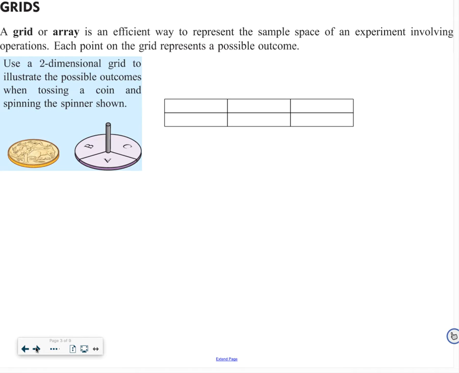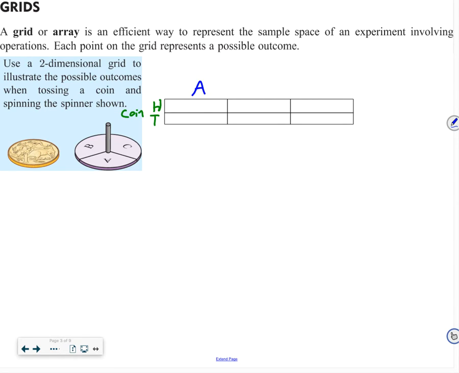Okay, so the next way to organize things is with a grid. Sometimes a grid's useful here. So for instance, on this side, I might list the possibilities of flipping a coin. I could get a head and I could get a tail. And then over here could be the options for my spinner.